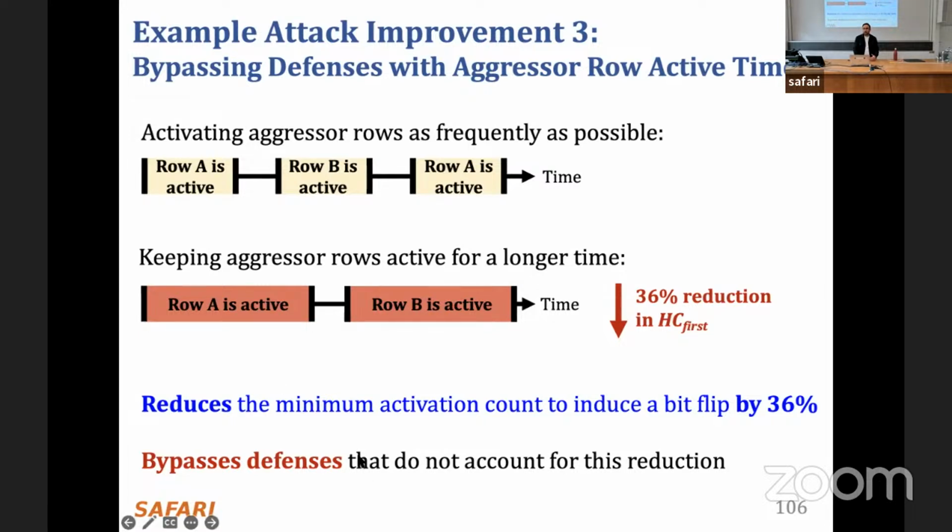Let's say you have this information and this characterization data, and the deployed mitigation mechanism in your system does not account for this kind of effect. Then you can easily bypass the defense by reducing the activation count, because it might be configured for a higher activation count. I can get your question now.